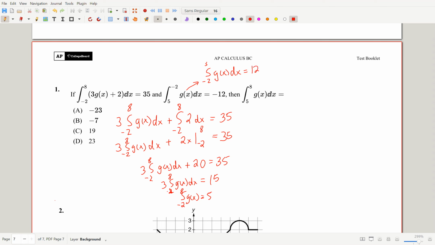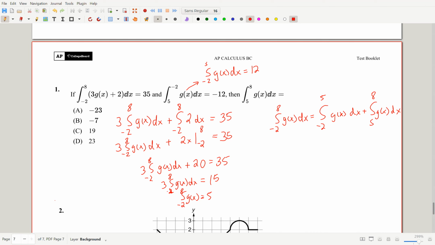So we can now get our answer basically just by writing, and I just like to take it forward and then solve. So the entire interval, which is the integral from -2 to 8 of g of x dx, is equal to the integral from -2 to 5, which is the number that they gave me, of g of x dx, plus the rest of the way, 5 to 8, g of x dx.